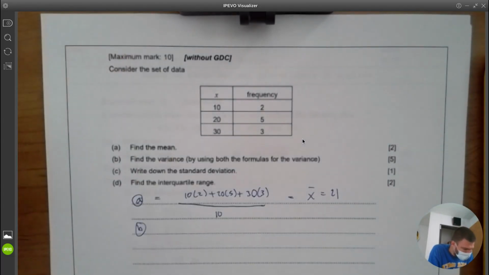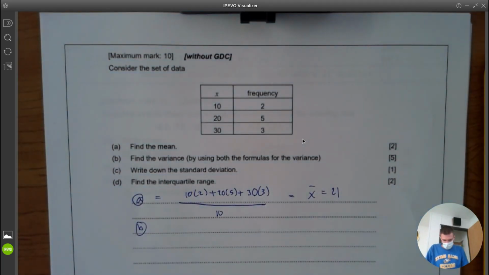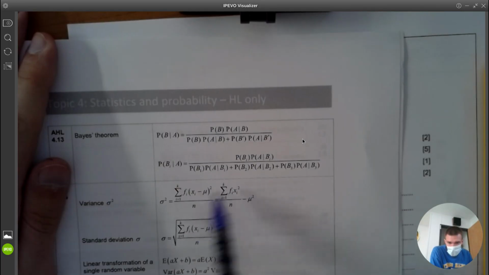B, find the variance by using both formulas. This is an HL topic. Here are our two variance formulas.